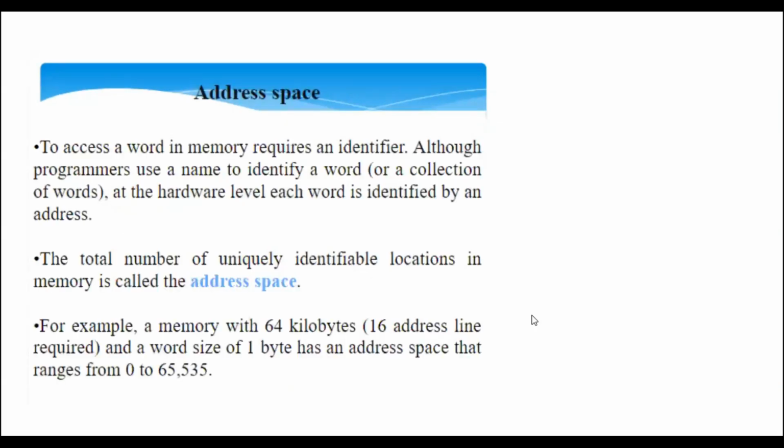And then we also have the address space. To access a word in memory requires an identifier. Although programmers use a name to identify a word or a collection of words, at the hardware level each word is identified by an address. The total number of uniquely identifiable locations in memory is called the address space.